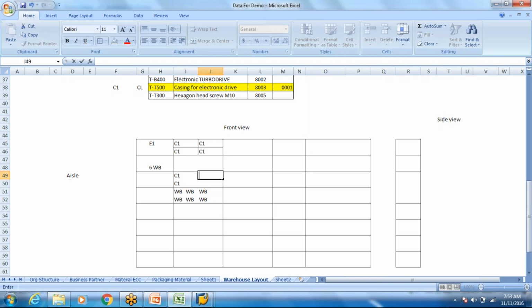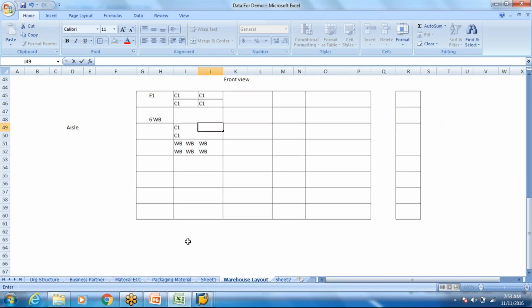So what we are going to do here is we are going to say if pallet is E1, and the bin type is P001, how many can I store? Just one. Then pallet is C1, bin is again P001. See, I'm not changing the bin type. This is one bin type where I can store 4 C1. Let's say there are other aisles in the same storage type where the bins are even bigger.